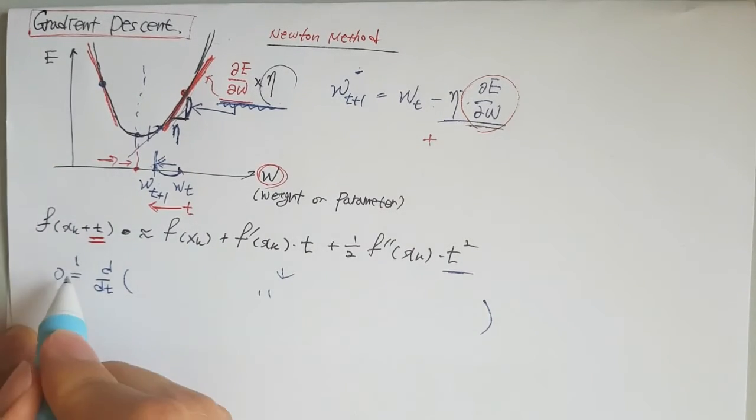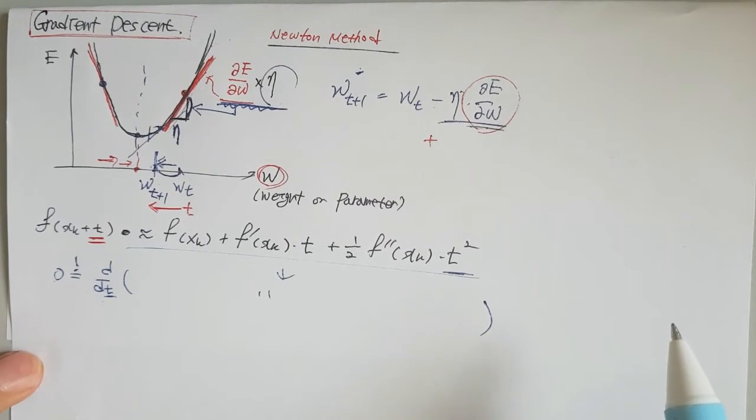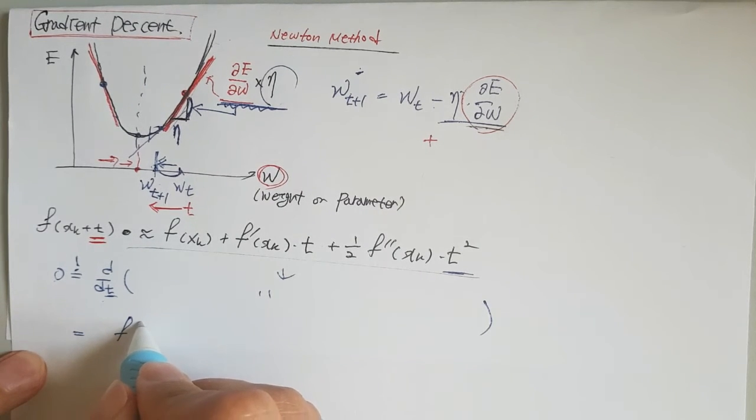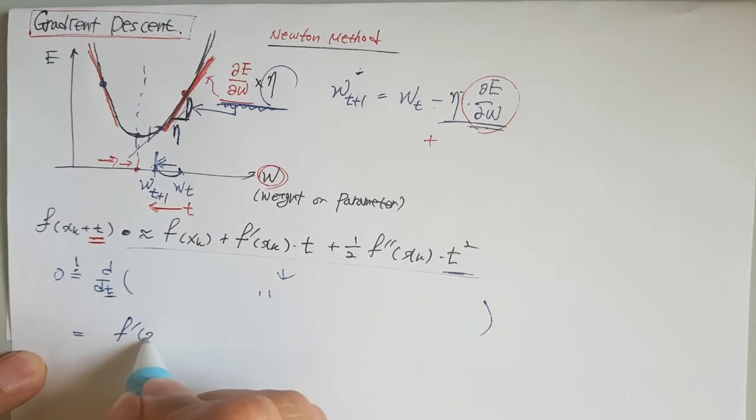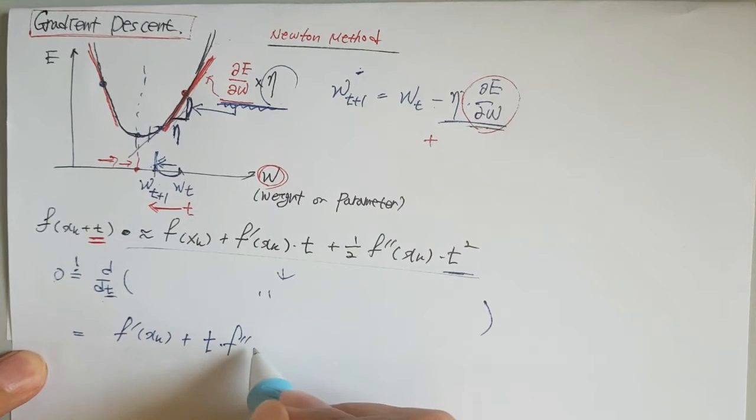So I just want to find some value t which makes this equation 0. Then it will be f prime(xk) plus t times f double prime(xk), the second derivative.